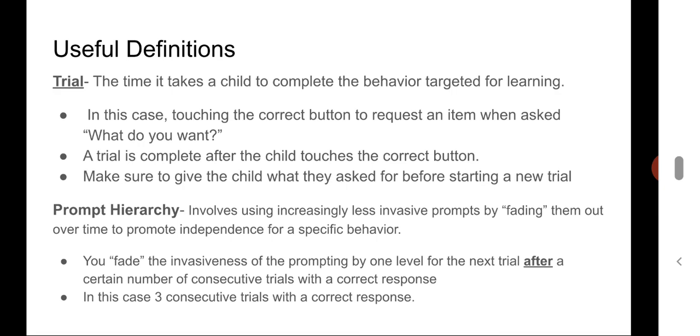In this case, we're looking for 3 consecutive trials where the kid touches the correct button using our current level of prompting, and then we move to the next least invasive prompt for the 4th trial, the one that's upcoming. I know that's kind of confusing, and it's going to get a little more confusing on the next 2 slides, but I've created some flow charts to help you visualize what I'm talking about, and I'll go over those afterwards.